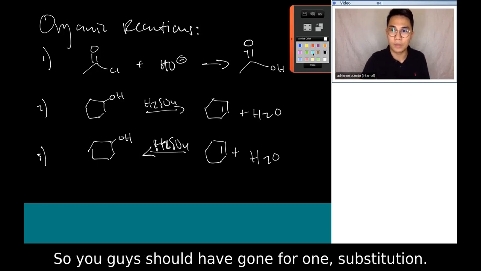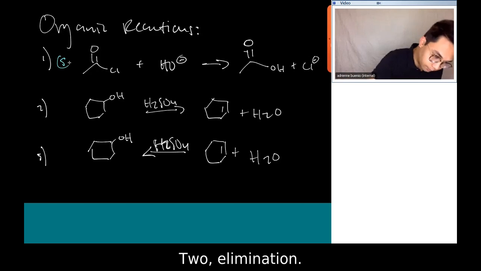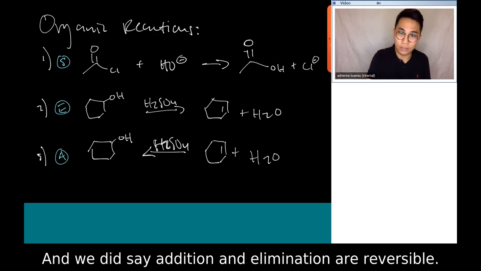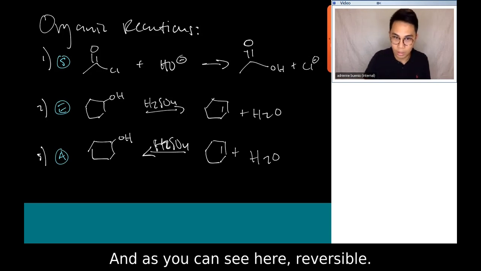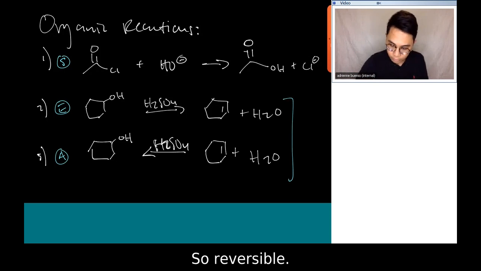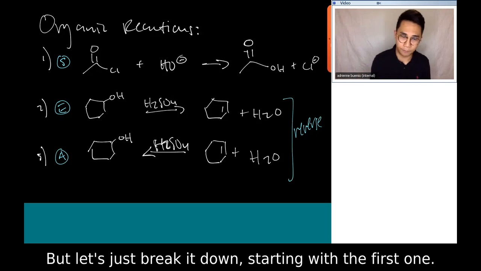Okay, so you guys should have gotten one, substitution, two, elimination, three, addition, right? And we did say addition, elimination are reversible, right? And as you can see here, reversible. So kind of like a given, but let's just break it down starting with the first one.